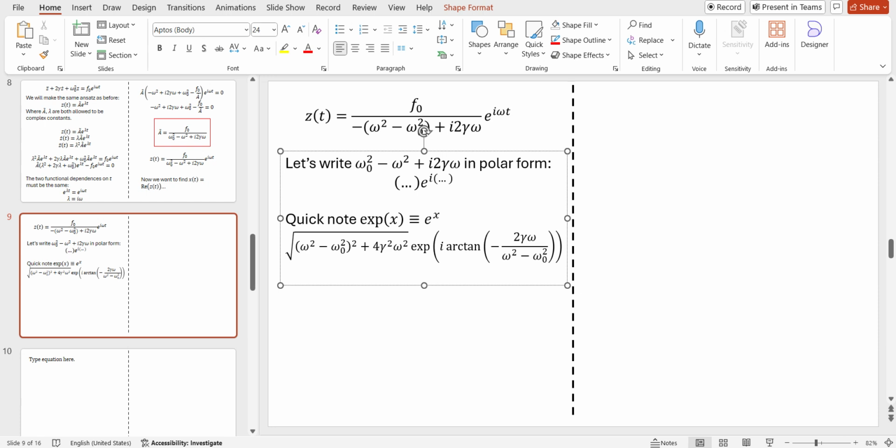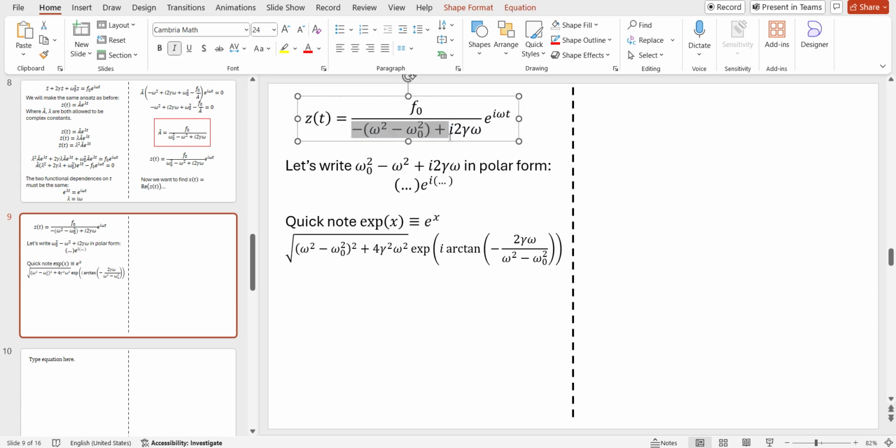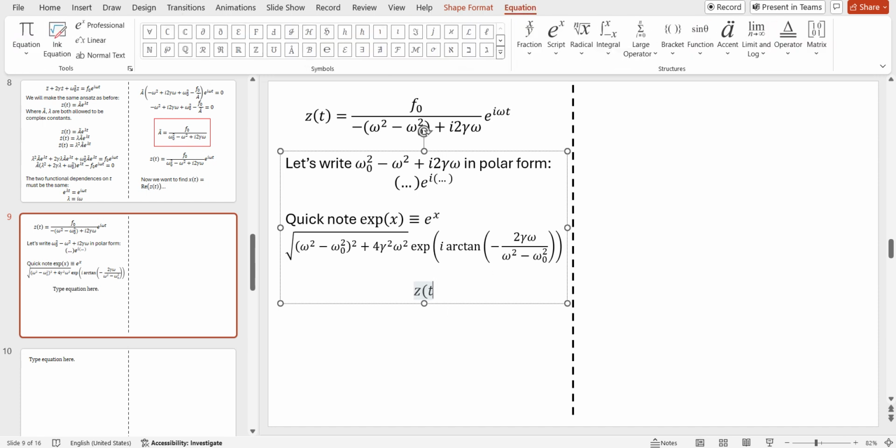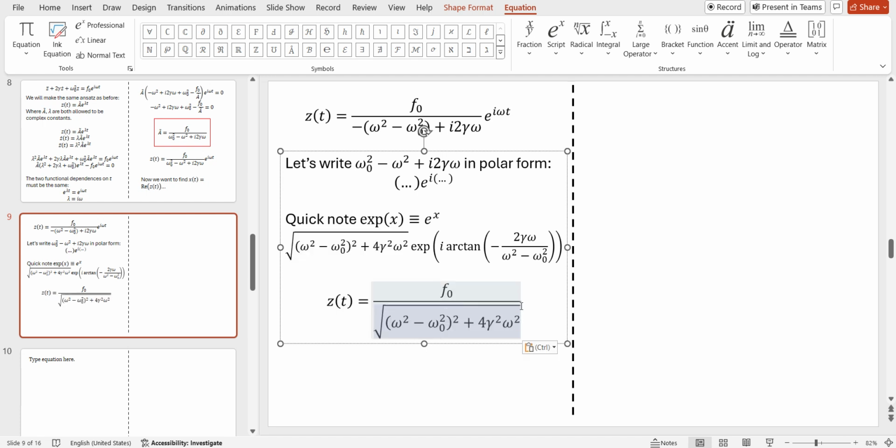But now that we have that there, if we put this in this denominator, then this real number just goes with the f naught up front. Here is z of t again. z of t is going to be f naught divided by, so here's the amplitude. It just hangs out in front, which will be down here.